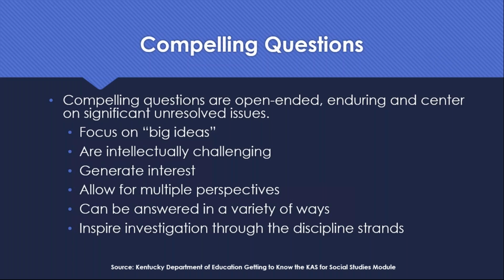And I really like some of the language here, that it's open-ended, that it's big significant issues, that it's intellectually challenging. It's more than a yes or no answer, that it pulls from multiple perspectives, that it can be investigated through the discipline strands. So you could look at the topic from a geography focus, an economics focus, history focus, all of that comes together in your big, broad question. So that would guide a unit.